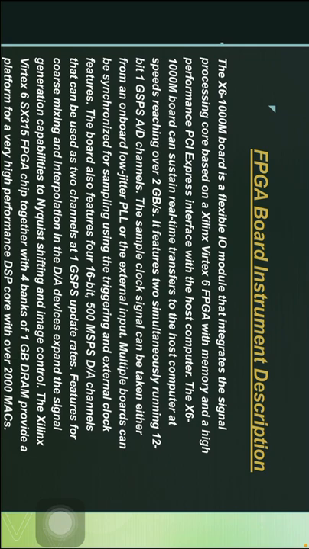The sample clock signal can be taken either from the onboard low jitter PLL or the external input. Multiple boards can be synchronized for sampling using the triggering and external clock features.